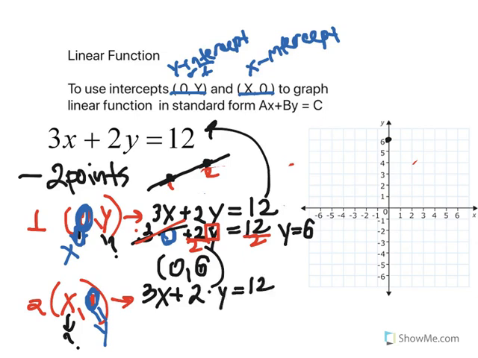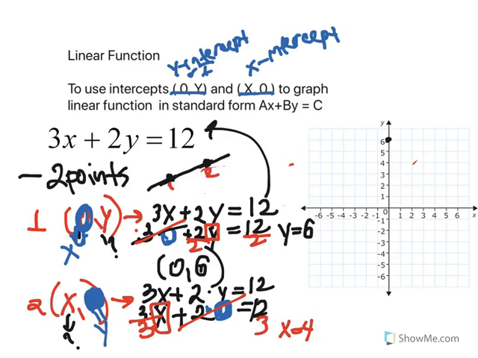So instead of y, we're going to plug in its value 0, and solve it. 2 times 0 is 0, so this is all gone. Leaves me with 3x equals 12. Divide both sides by 3 because I'm solving for x. I want the x by itself, and the x is 4.